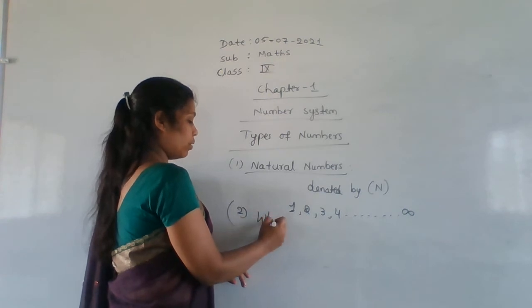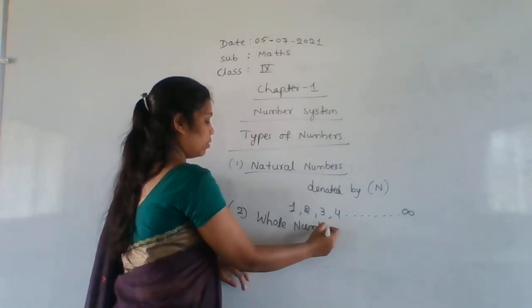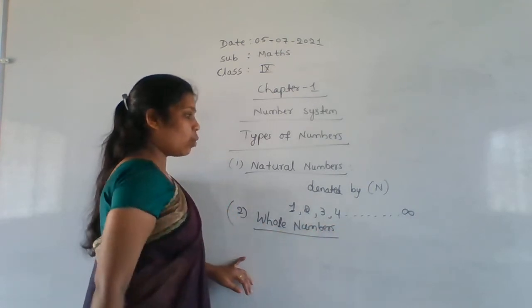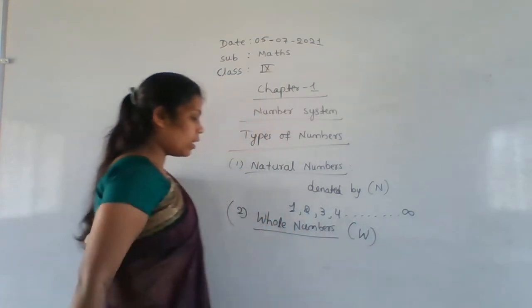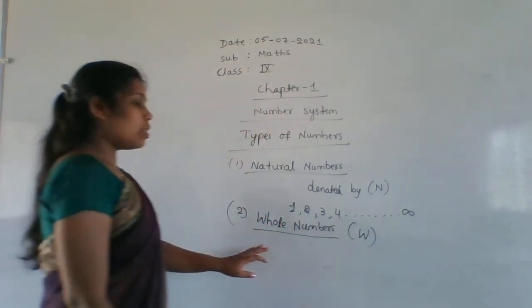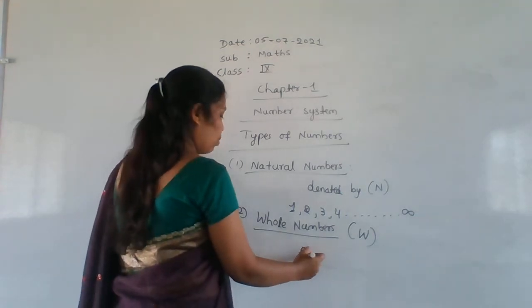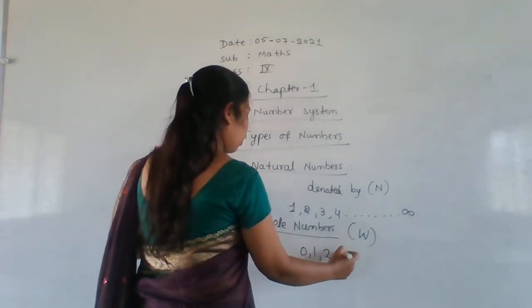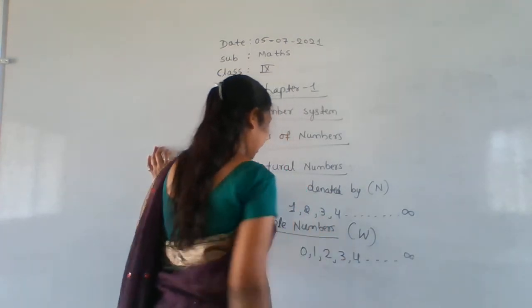That is whole numbers. Whole numbers. Okay, in this, whole numbers are denoted by capital W. Whole numbers start with 0, right? So 0, 1, 2, 3, 4, and so on to infinity.